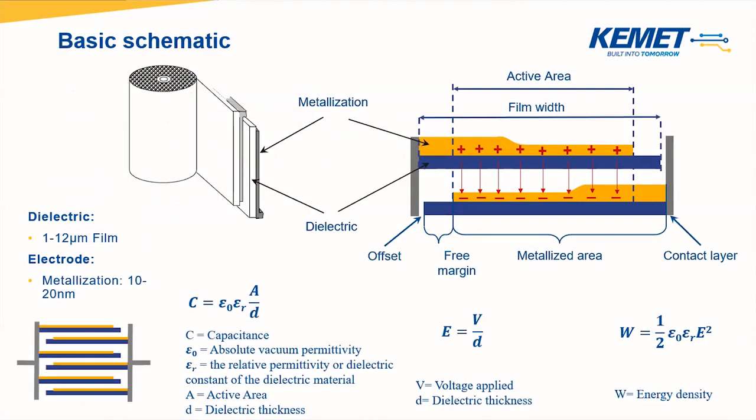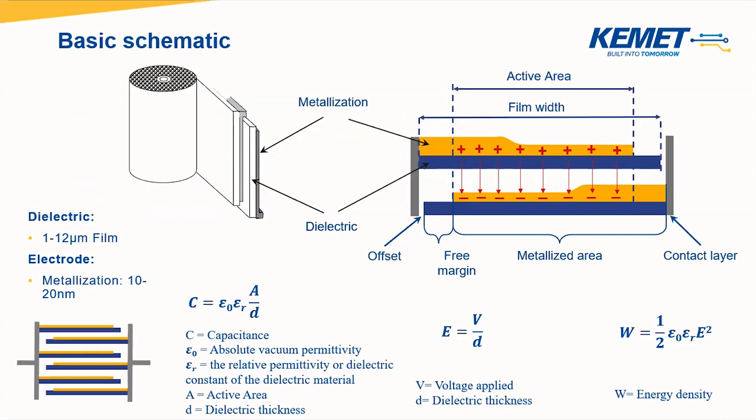So the most simple film capacitor technology is the so-called single metallized parallel construction. Basically, it's characterized by the winding of two metallized films, one upon the other. As you can see, we can have this wound shape.